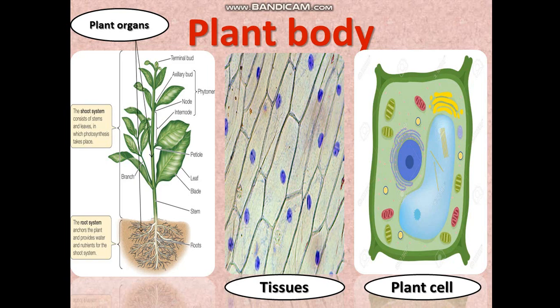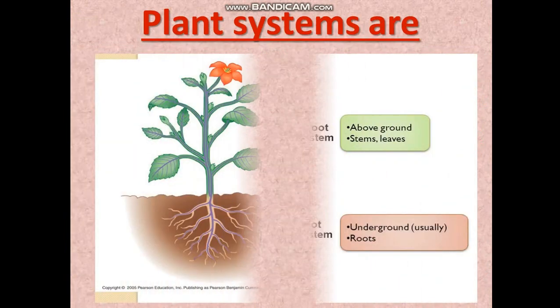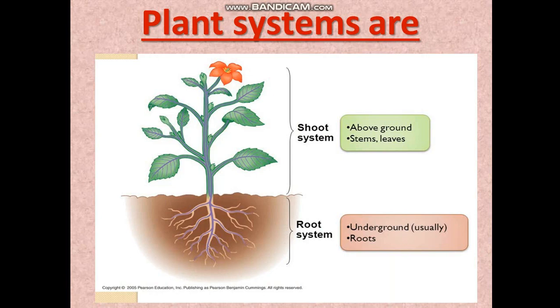What about the systems of a plant? The plant systems are the shoot system, the part above the soil, and the root system. Again, shoot system and root system.